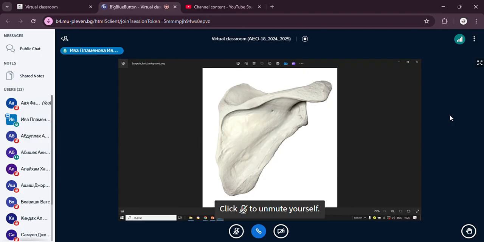Here, laterally, the spine continues as which process? This is the acromion of the scapula, with an acromial angle between the acromion and the spine.